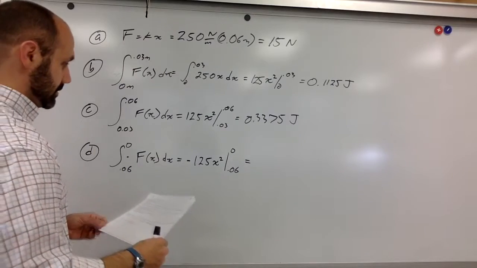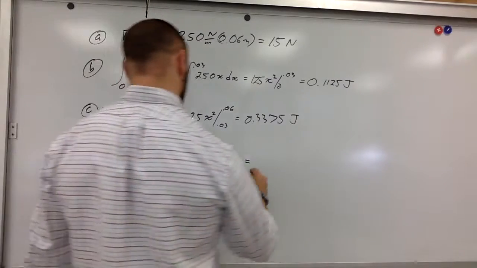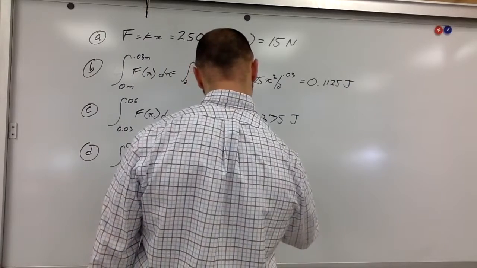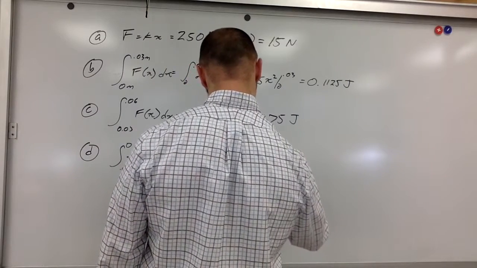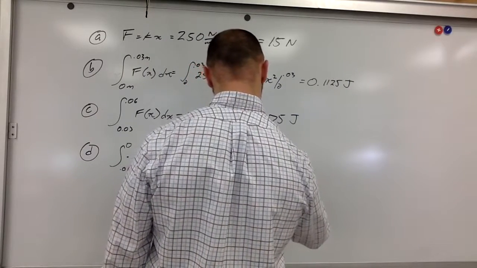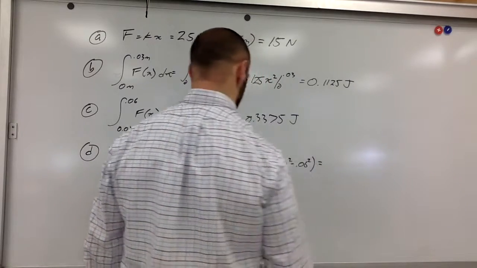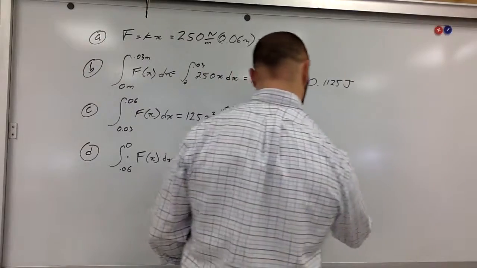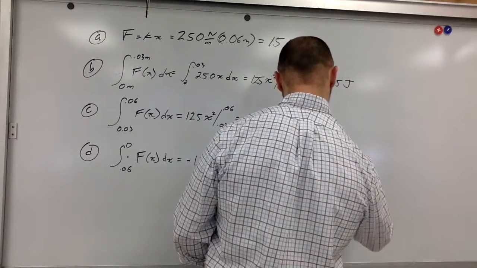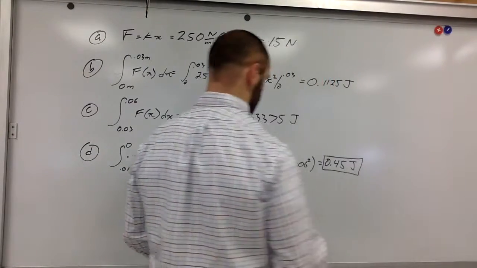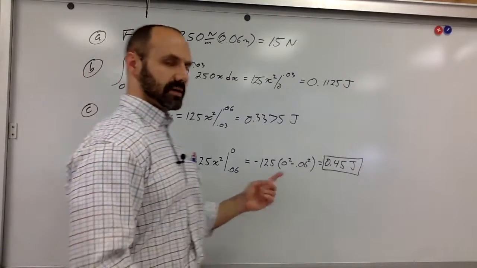And so now this is going to be negative 125. I plug in 0 squared minus 0.06 squared. And I'm going to end up with 0.45 joules. Okay, that's interesting. Why is this positive now?